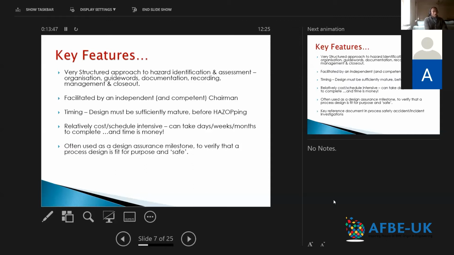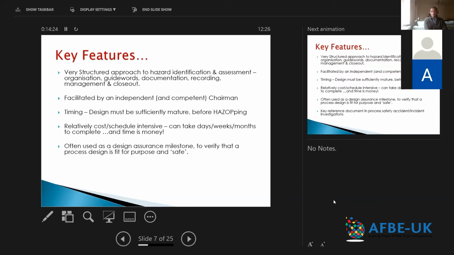And the other feature, I guess, is that a HAZOP is often used as a design assurance milestone to verify that a process design is fit for purpose and safe, in the sense that you've done a FEED or detailed design, and you want to have something that says, right, this design that we've completed at this FEED stage can pass muster, is well designed, and is safe to operate.